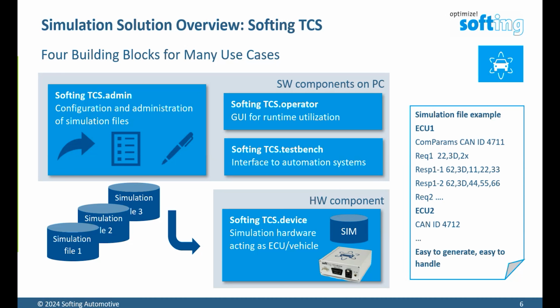It can be an ECU of the powertrain, or an ECU of the brake system. Whatever you need, you code it in a simulation file, send it down to the TCS, and the TCS takes over that role. That is the idea behind the whole TCS system.